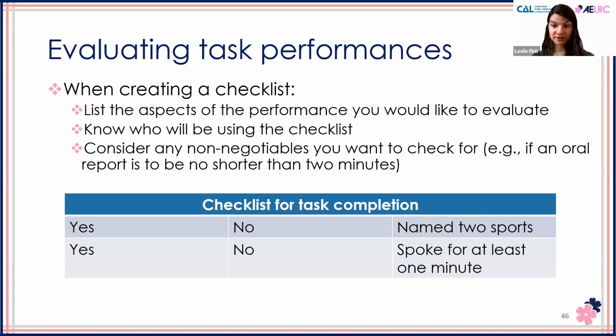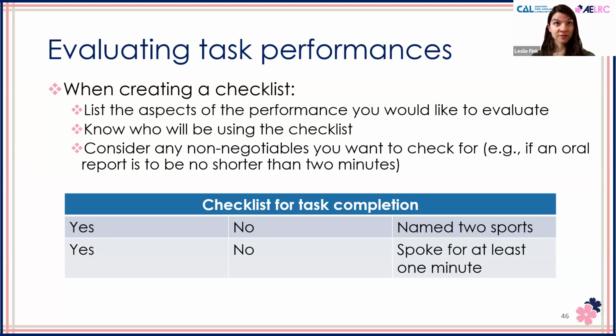If you opt to create a checklist, you can start by listing the aspects of performance that you want to evaluate. Then you want to decide who will be using the checklist. You, your students for self-assessment, a teacher's assistant, a student teacher. Depending on who is using it, you may think about how you phrase your criteria so that the checklist is clear and easy to use.